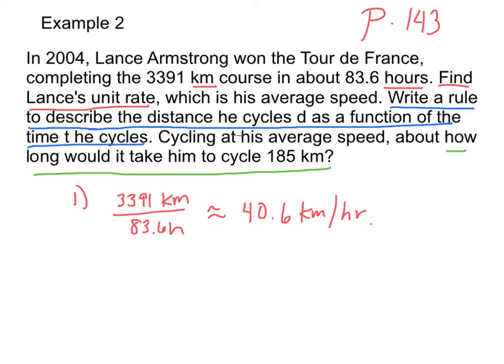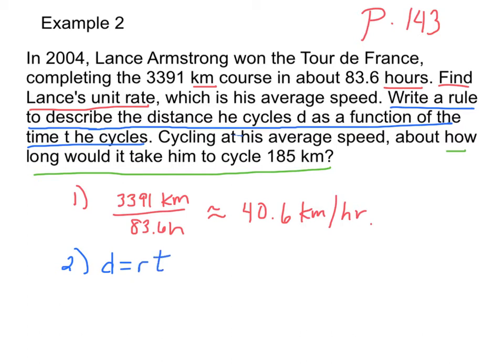Using that, we have to write a function. A function is just an equation. So we're going to write our second part, which is write an equation. We have to write D as a function, so that means distance. If you remember what distance is, distance is d equals rate times time.